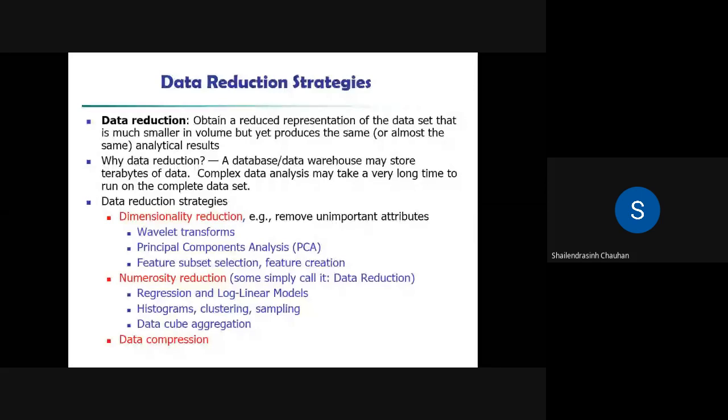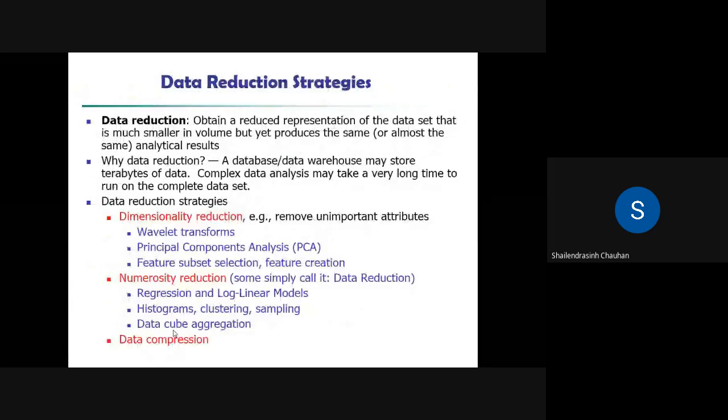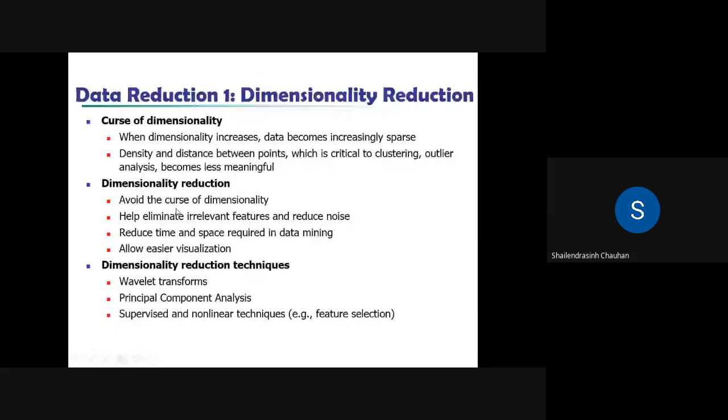Now, data reduction, that is dimensionality reduction. First strategy: this is the curse of dimensionality. This means that when you go with dimensionality reduction, if your data set has too many dimensions, you need to reduce the dimensions, because data becomes increasingly sparse.